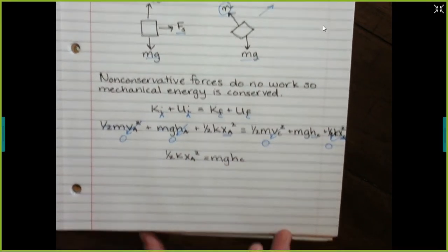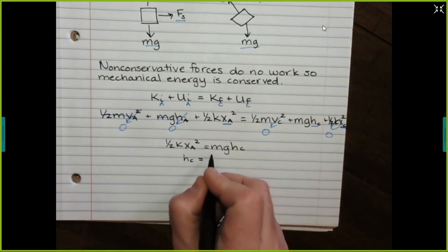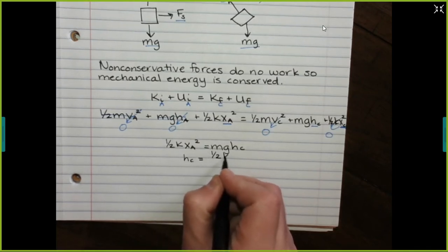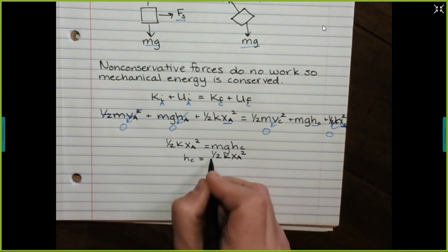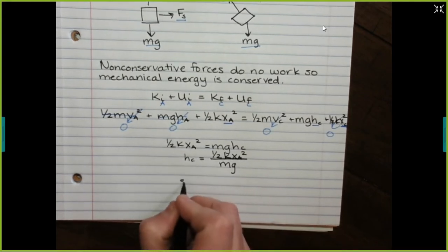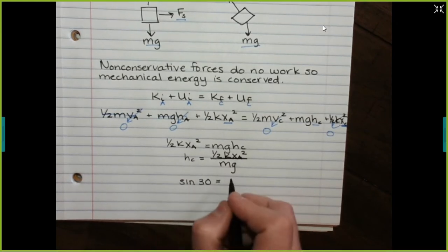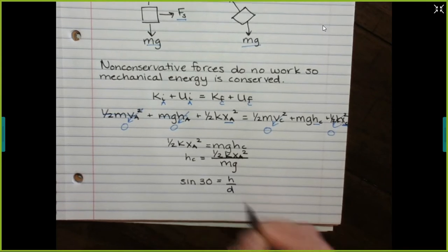Okay, so hc, or the height at c, is just going to equal 1/2 kxa squared all over mg. And then I know that the sine of 30 is going to equal h over d, right?